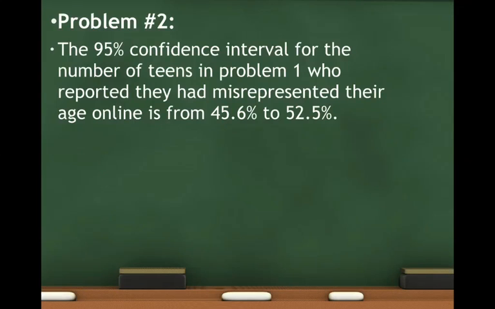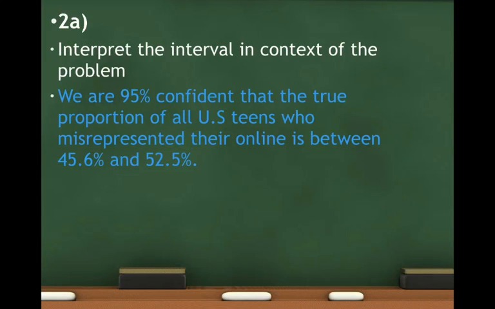Pause the video and think, what is this confidence interval telling us in context of the problem? We can interpret this interval as saying we are 95% confident that the true proportion of all U.S. teens who lied about their age online is between 45.6% and 52.5%.